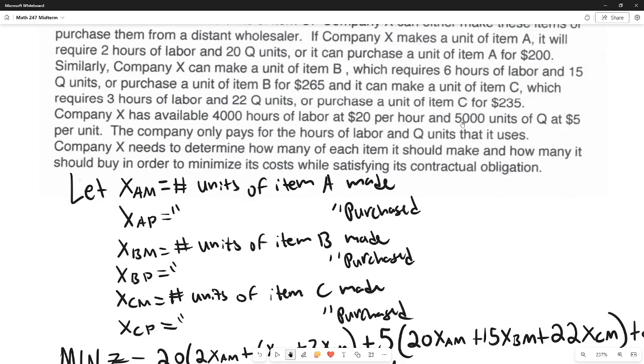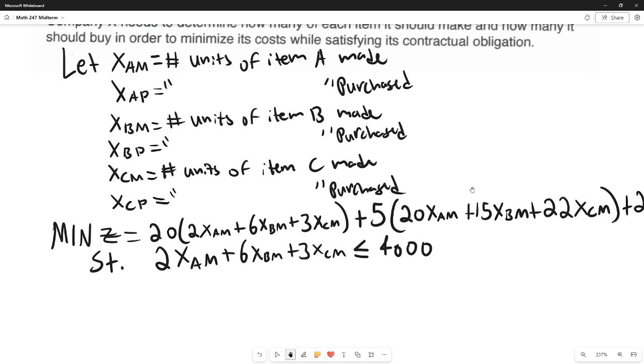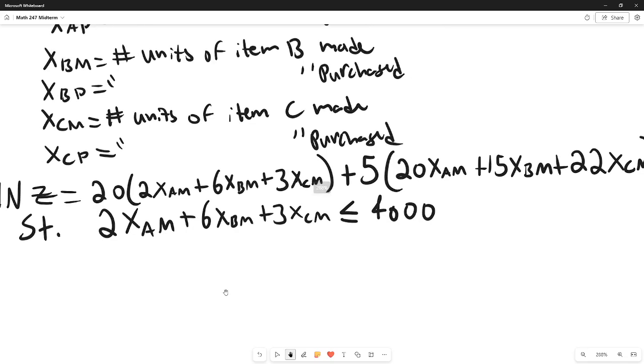Now, for the units, we have 5,000. Right? So to make a unit of item A, it's 20 Q units. So 20 XAM. For item B, it's 15. So 15 XBM.